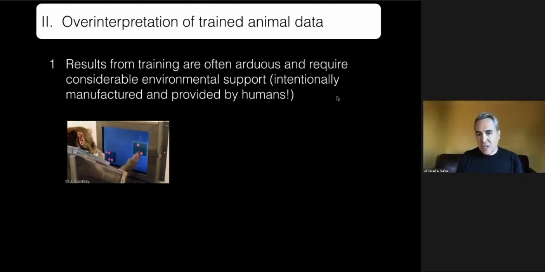But something that is rarely said is that it takes a lot of training, often really effortful, that requires environmental support, human intervention with manufactured instruments like screens and so on, provided by humans, providing the dietary conditions, all the environments in which they live, and so on.